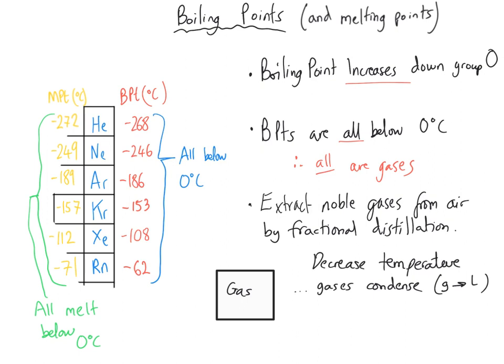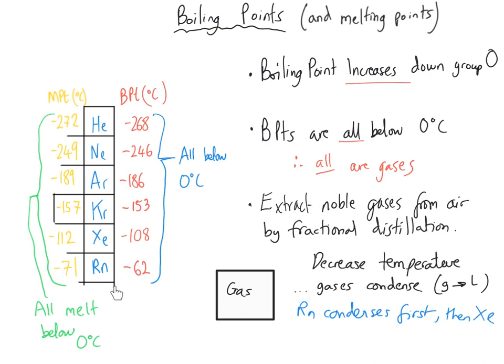Ignoring the other components of air, if we just focus on the noble gases, the noble gas that would condense first would be the one whose boiling point is the highest, and that's radon here. So radon would condense first, and then xenon, etc. And the helium would be incredibly hard to get to condense.